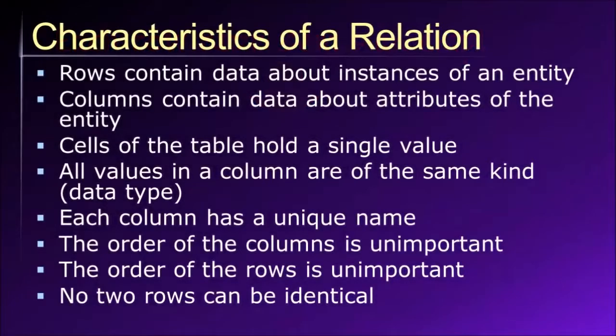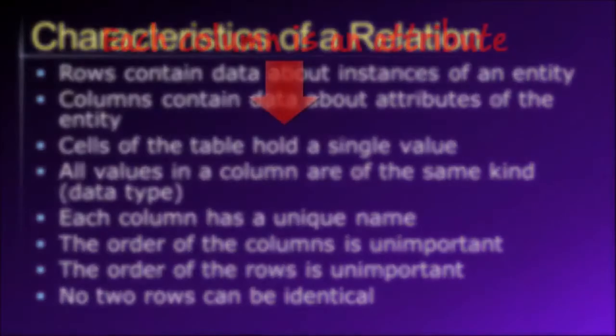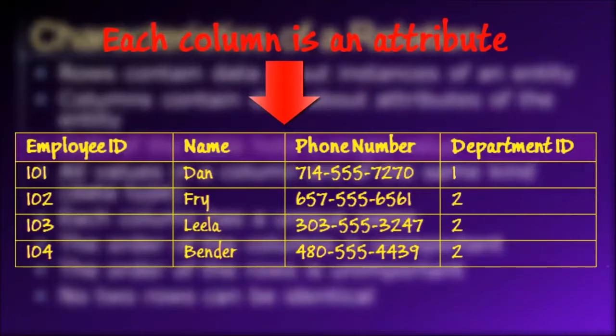Columns in a relation are used to represent the attributes of the entity. Using our employee relation as an example, we may have several columns, such as an employee ID, or an employee name, or an employee telephone number.